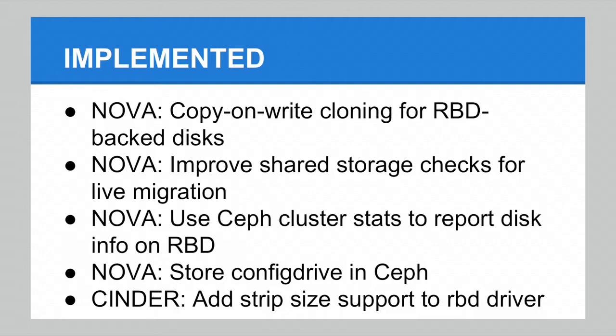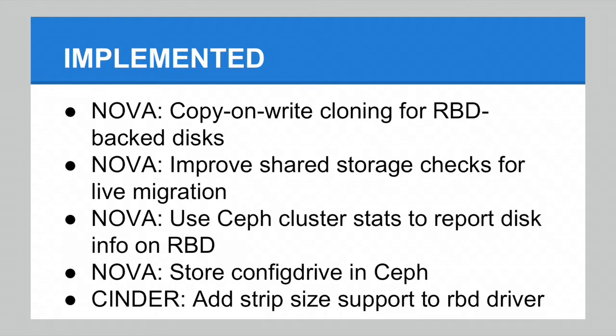The problem was that we have the disk living in Ceph, and we have the config drive that wasn't living in Ceph. So when you want to trigger a live migration, then you can't, because at some point the code detects that you're actually using shared storage for the main partition, the rootfs of the instance, but the config drive is not living in Ceph.